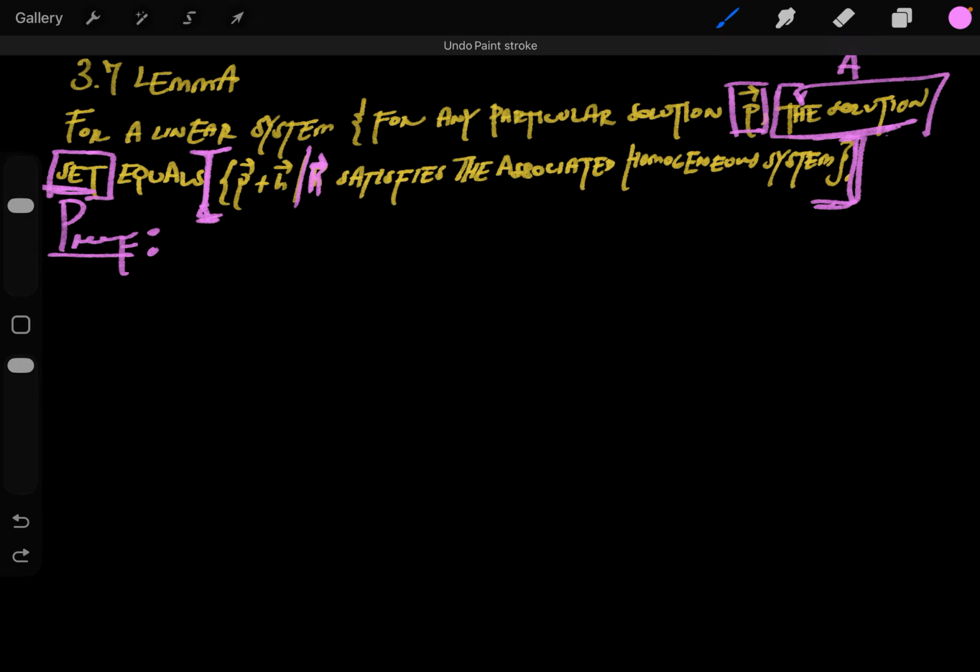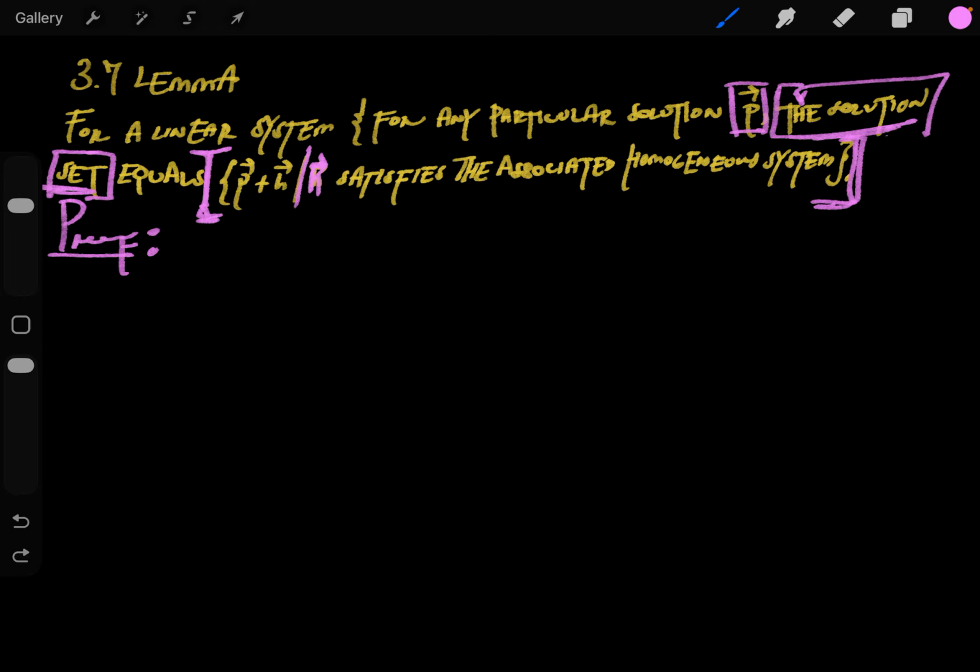So what's the way to do this? You say, okay, let the vector S be a solution to the system.